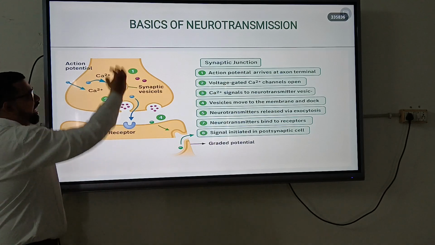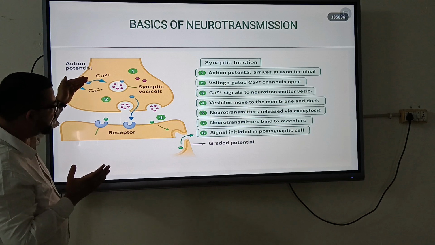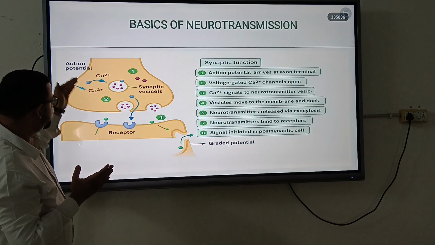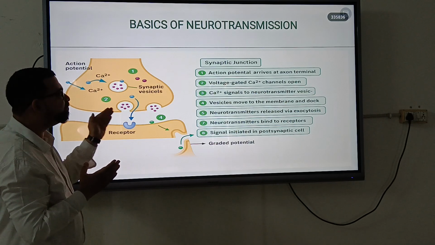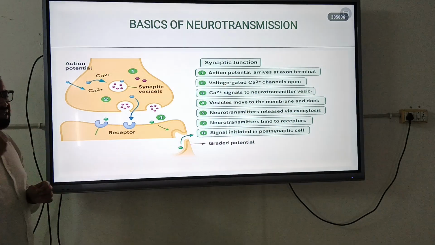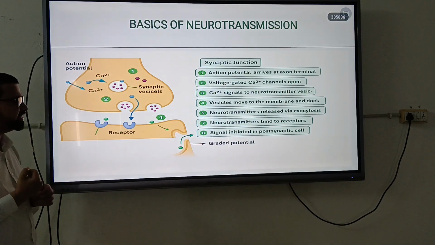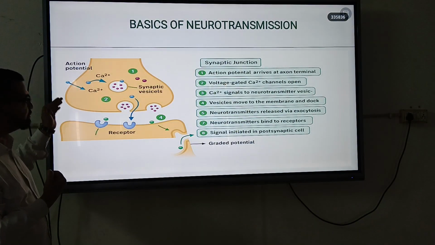When the impulse propagates from the axon to the synaptic button, it opens the calcium channels. These calcium channels are voltage gated, which means a voltage has to be applied, and that potential acts as the voltage.